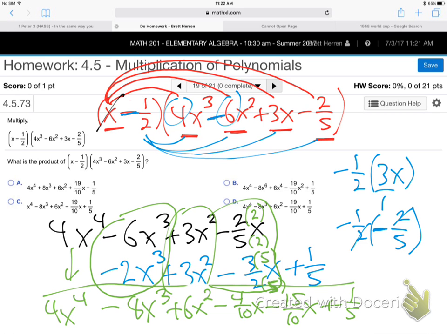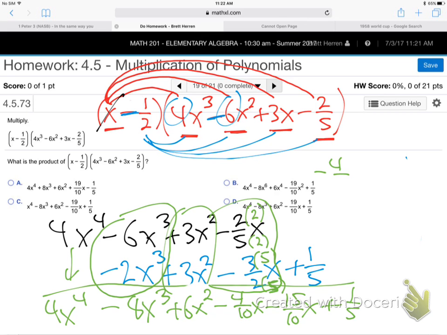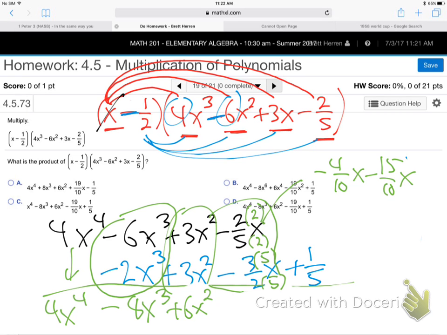Can you read that down there? Wait, let me move it over here where there's room. So it's minus 4/10 x minus 15/10 x. Right there, right?